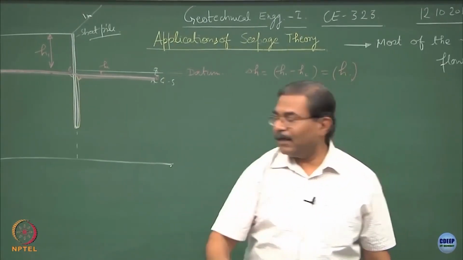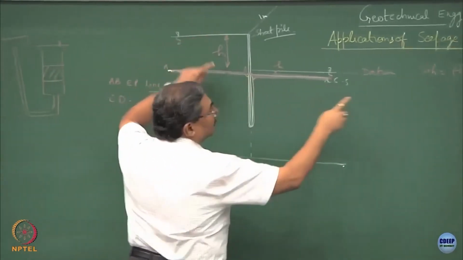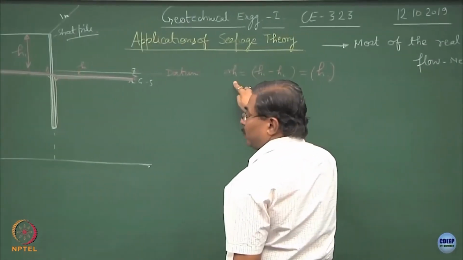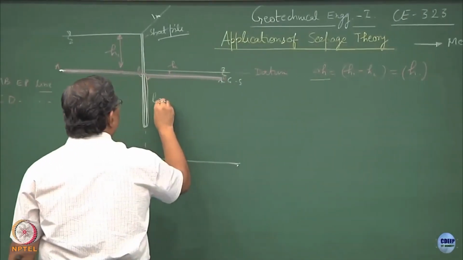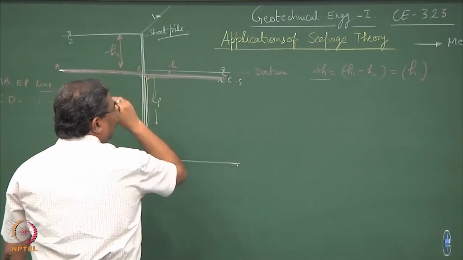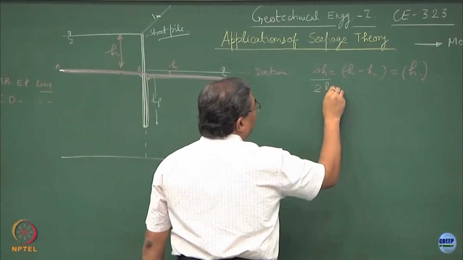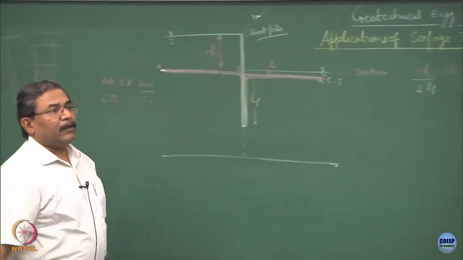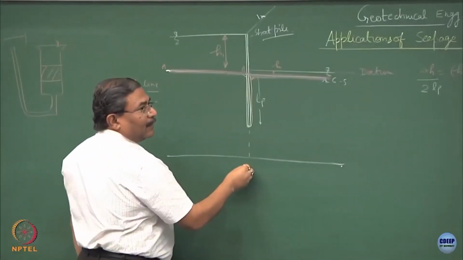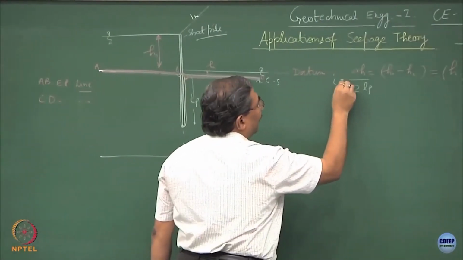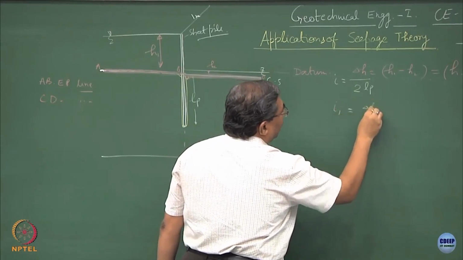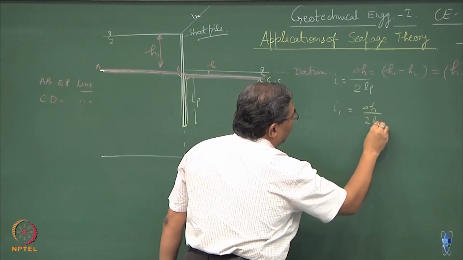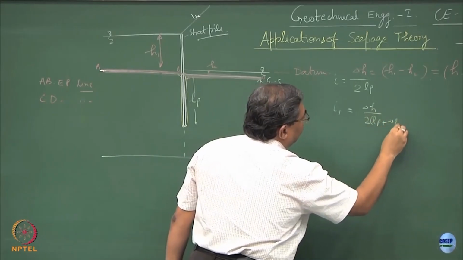H by L. So for the same delta H, which was earlier acting over a length of 2 times LP, is this okay? Now by increasing it, I am reducing the i value. So i1 becomes delta H upon 2 times LP plus delta LP.